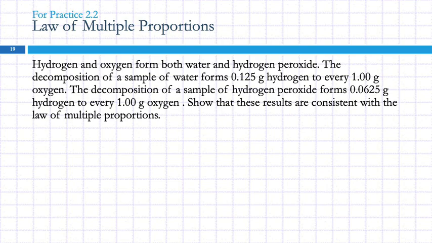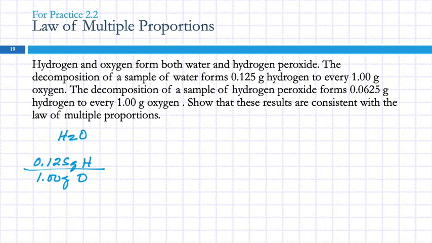Hydrogen and oxygen both form water and hydrogen peroxide. Decomposition of a sample of water forms 0.125 grams of hydrogen to every 1 gram of oxygen. So this is water. So here we have 0.125 grams of hydrogen for every 1 gram of oxygen.